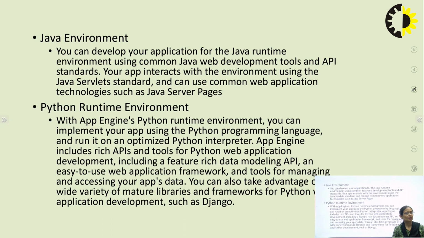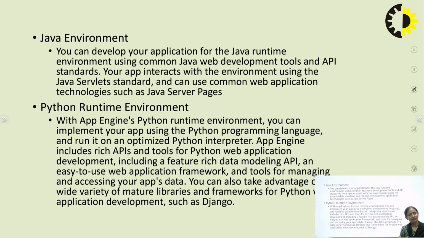When you are working in the Java environment, you can develop your application for the Java runtime environment using common Java web development tools and API standards. Your app interacts with the environment using Java serverless standards and can use common web application technology such as JSP.